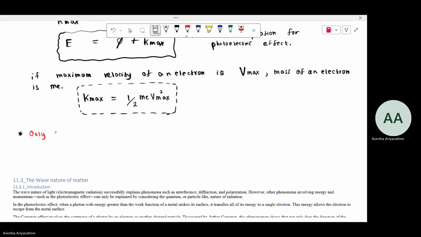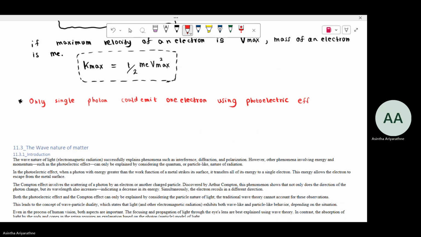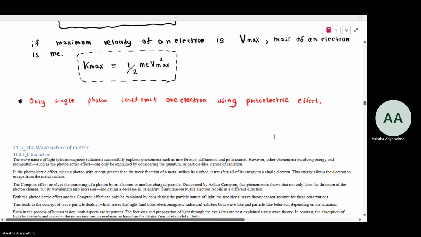Using the photoelectric effect, one single photon could emit one electron.